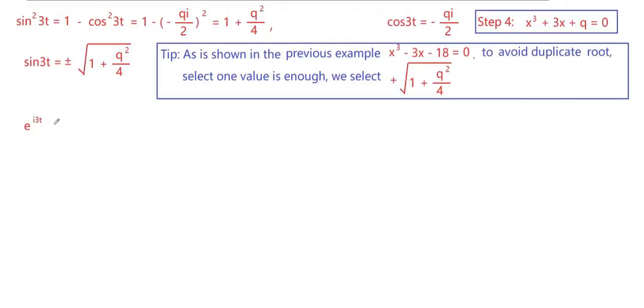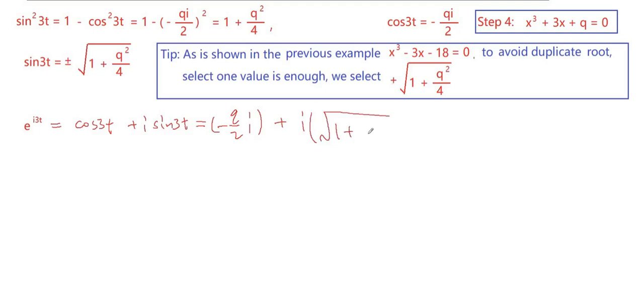Then we have e^(i3t) equal to cosine 3t plus i sin 3t. Cosine 3t is equal to minus q divided by 2 multiplied by i, plus i sin 3t. Sin 3t is root of 1 plus q squared divided by 4.